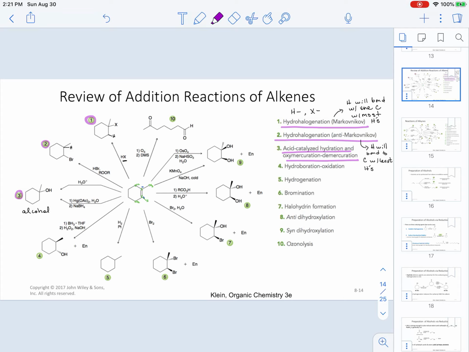The acid catalyzed hydration is just reacting that alkene with H3O plus. The oxymercuration demercuration reaction has 2 steps. Whenever we have a reaction that has 2 steps, remember that the number 1 and the number 2 must be written. The important thing to remember about this reaction is that it is a Markovnikov addition.